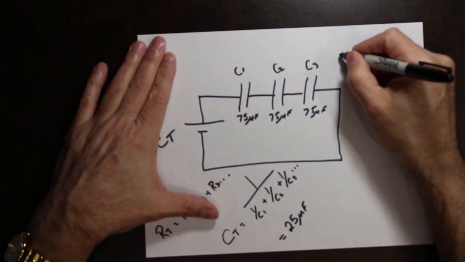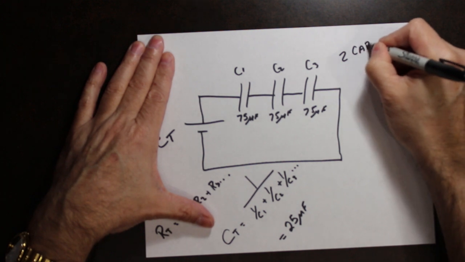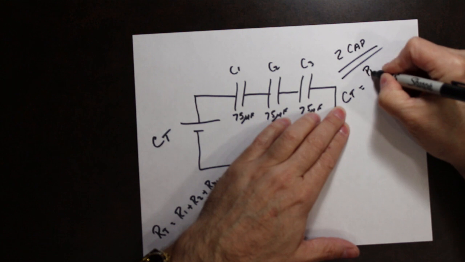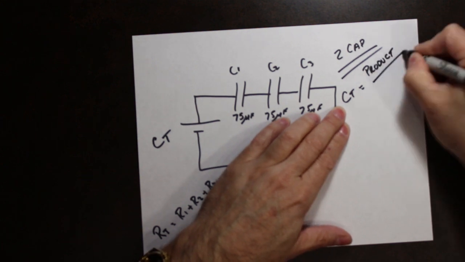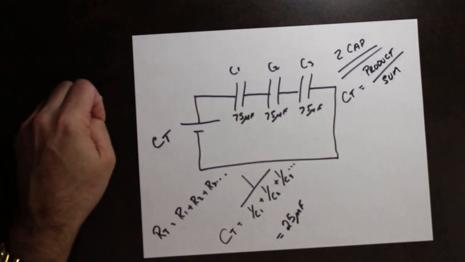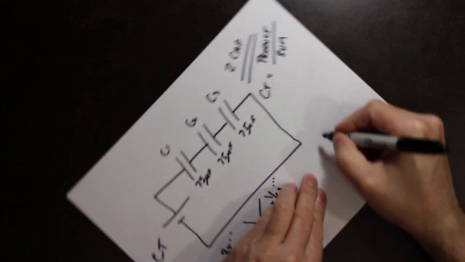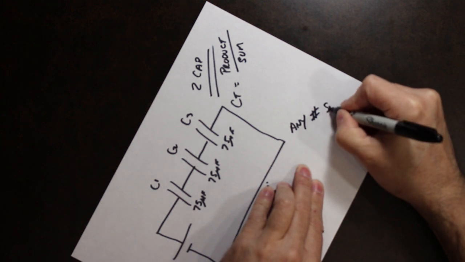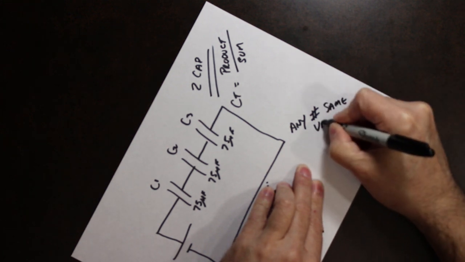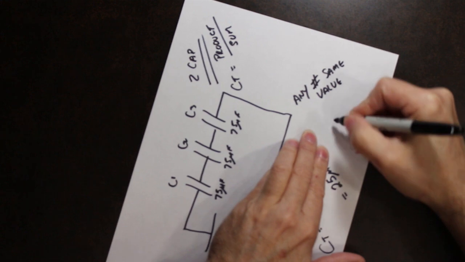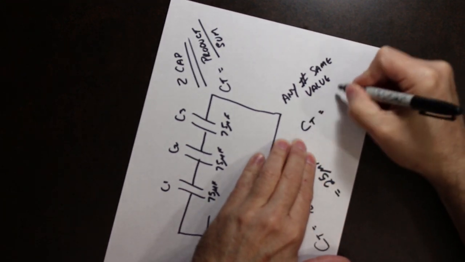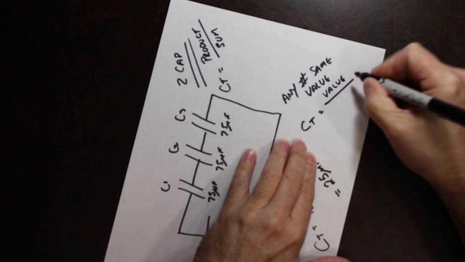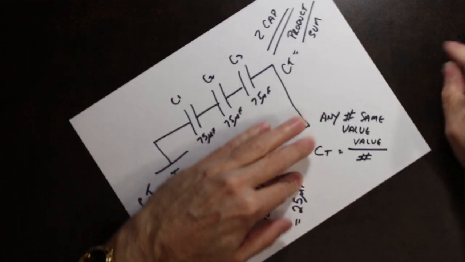If we only had 2 capacitors, our formula is C total is product over sum. If we had any number of capacitors of the same value, you take the value of 1 and divide by the number of capacitors you have.